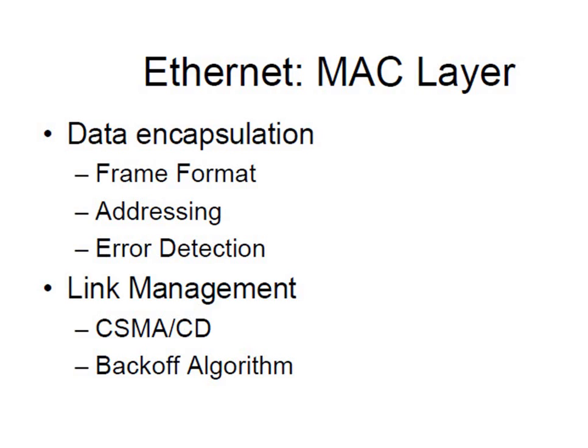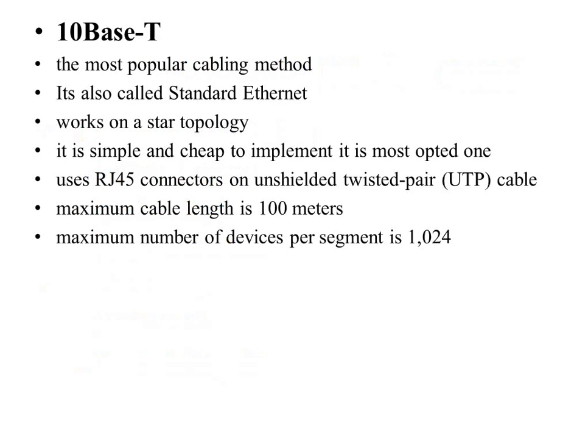Error detection and correction up to a certain layer is the main function of the data link layer. And link management with CSMA/CD and the backoff algorithm is done with the help of link management, and that is also a part of your data link layer.